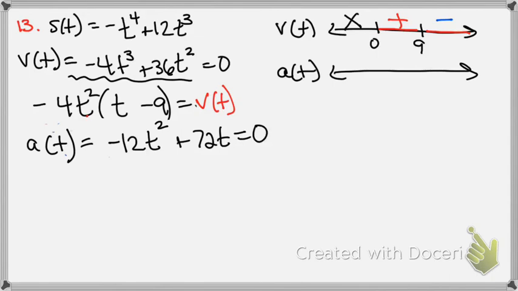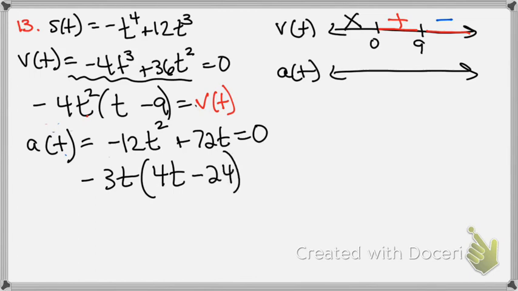Set it equal to 0 and factor. Always take out the negative, even if you can't take out the 12. Okay, so factoring, I'm definitely going to have to take out the negative and a t. You might have noticed that you can take out a negative 3. If you didn't notice it, it really doesn't matter. It will work out either way. And I'm left with a positive 4t minus 24.